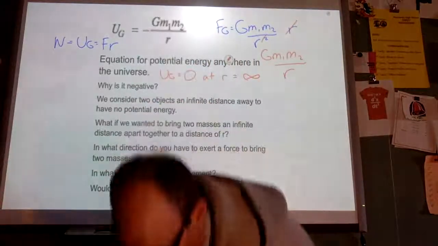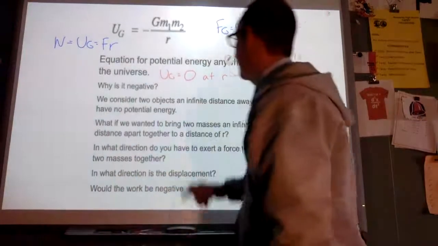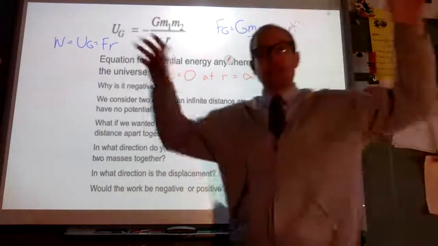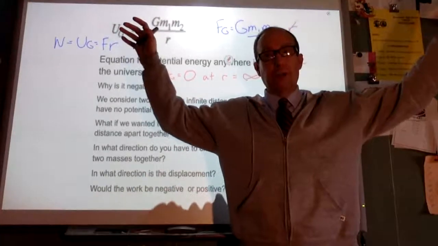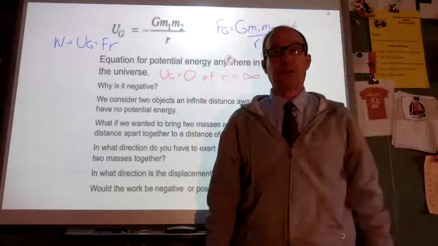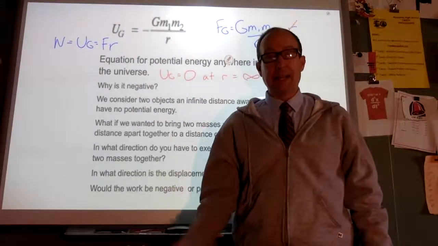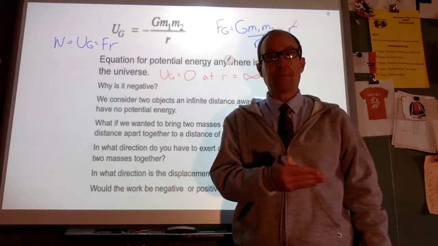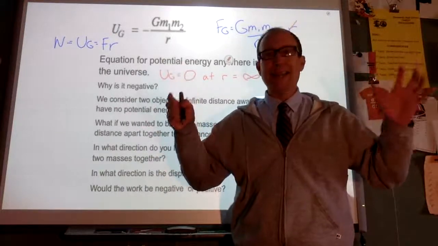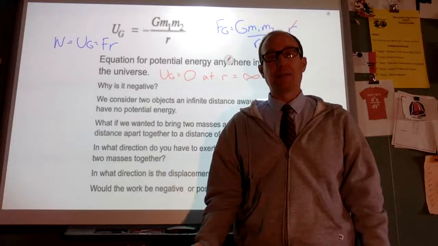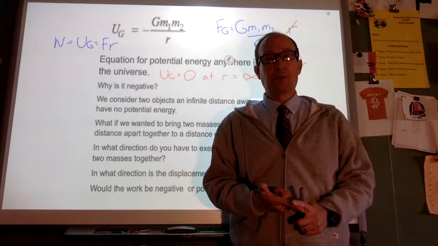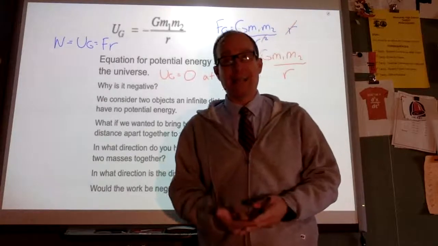So if we're saying that at an infinite distance, the potential energy is zero, if I let those two masses go, they're going to be attracted to each other and accelerate towards each other for an infinite distance and get a certain amount of speed. If I bring them to a closer distance, anything less than infinity, they're not going to be able to go as fast. So what that tells me is I have less energy.